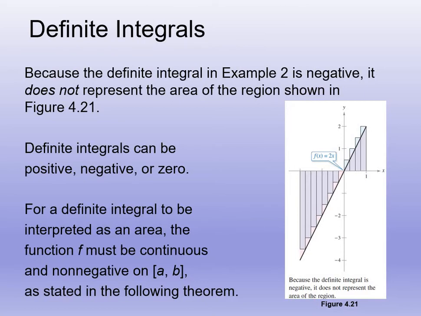However, it doesn't represent the area of the region correctly, because a definite integral can be positive, negative, or 0. We want to find the area, and these areas don't really cancel each other out. The problem is that when you get a negative definite integral, it's not accurately representing the area.